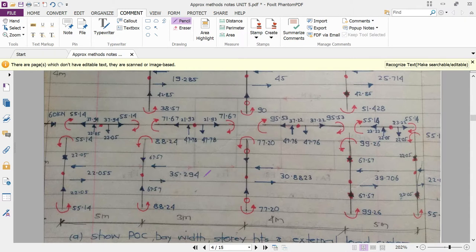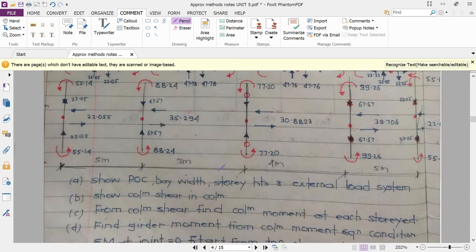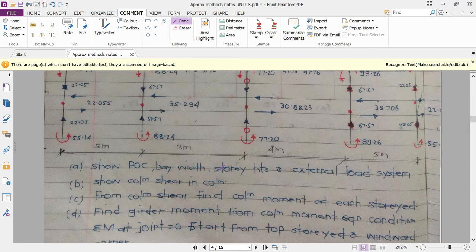So this is the method by which you can easily calculate the various forces and the moment in a portal frame. Okay, so likewise we will see more numericals based on the same in our next lecture. Thank you very much for your kind attention.